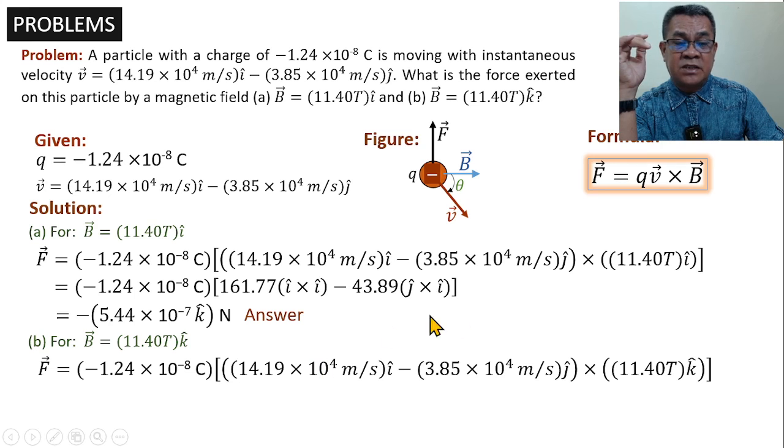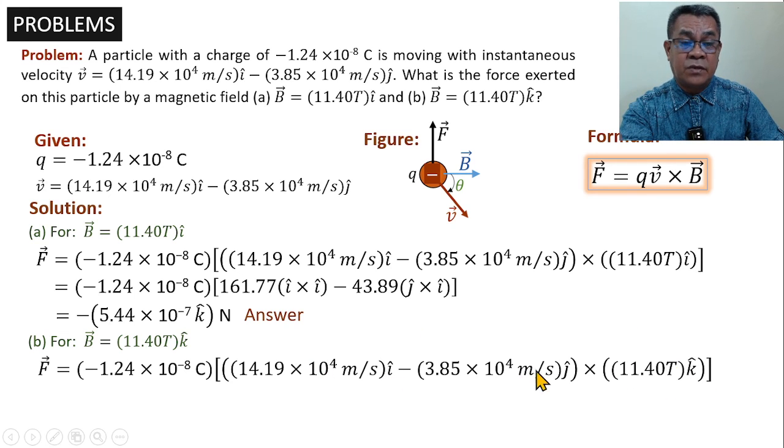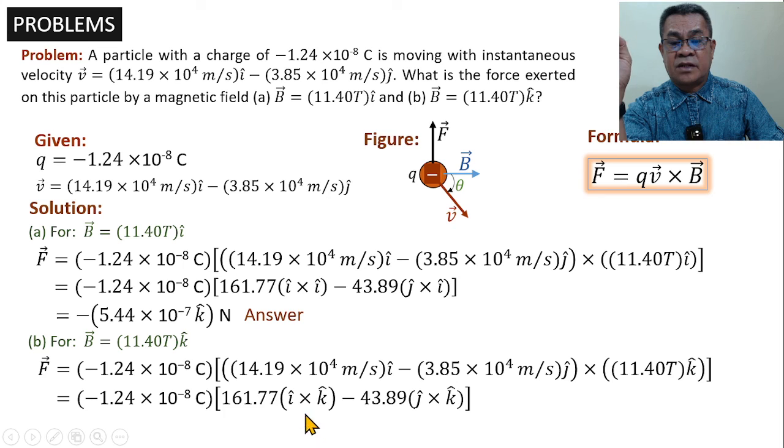If you multiply this with this one, this is I cross k, non-zero. And this one, j cross k, non-zero also. So expect that we have two terms here. If you do it, again, double check this one. Whatever the result here is the same magnitude, but there are changes in terms of the unit vector. And also this one, verify this.